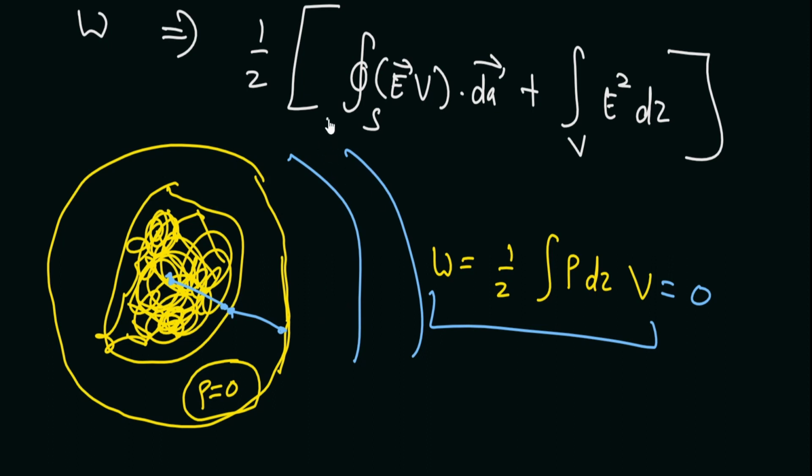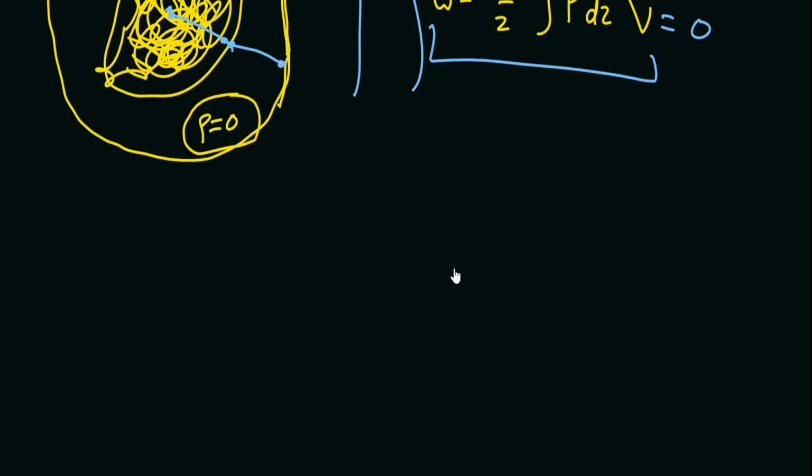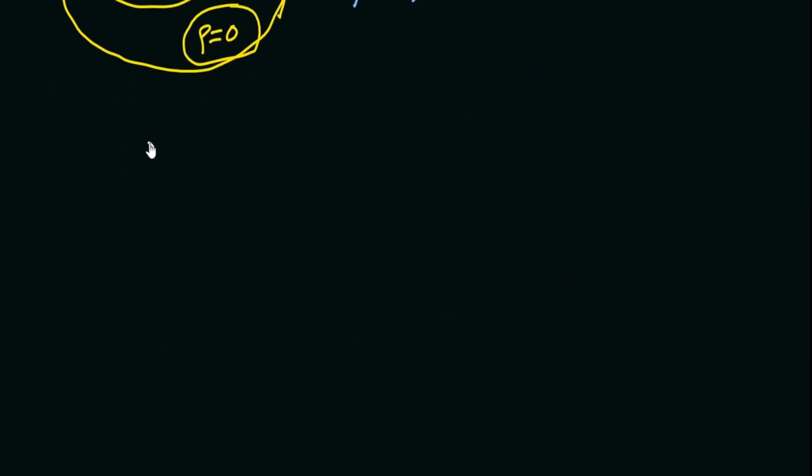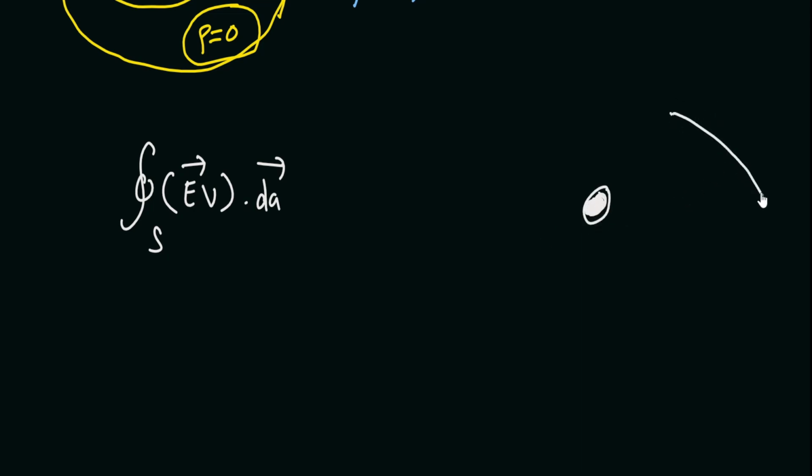So now, let us see what happens to this integral as we increase the radius of our region. So we have the surface integral of electric field times V dot dA. Now let's say we took a sphere. The charges are located in this region, and let's say we take a very big region or volume like this.